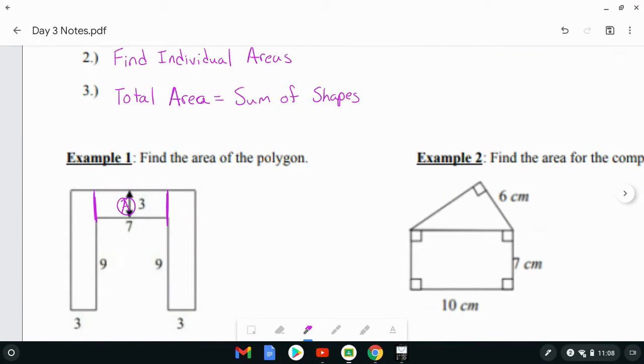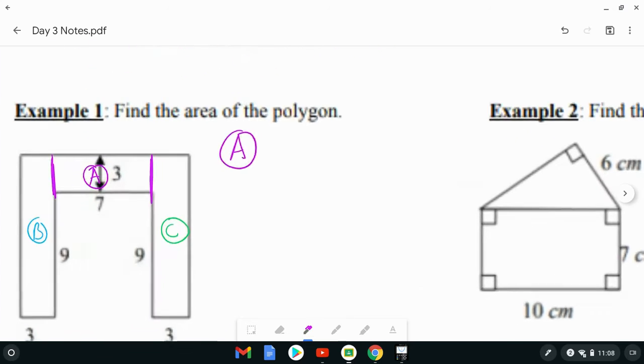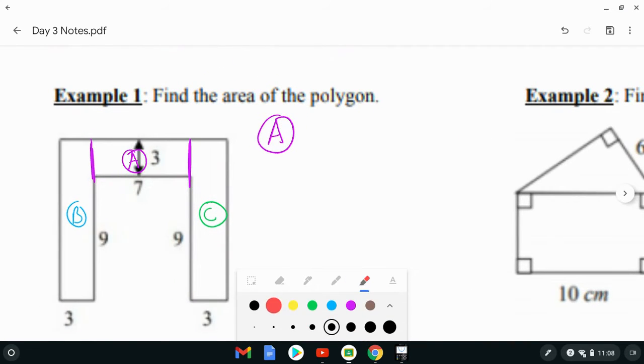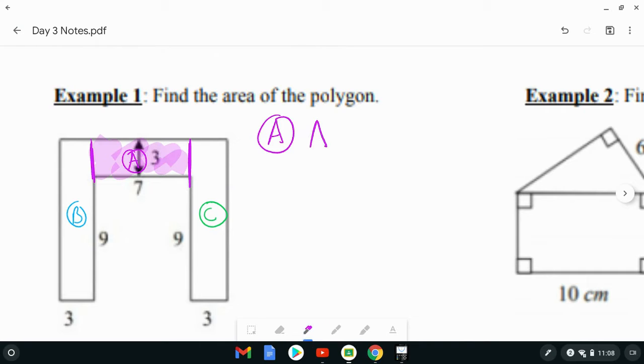I'm going to call this one shape A, this one shape B, and this one shape C. I want to find the area of those individual shapes. For shape A, we have a rectangle. Finding the area of this rectangle, we know the formula is area equals base times height.